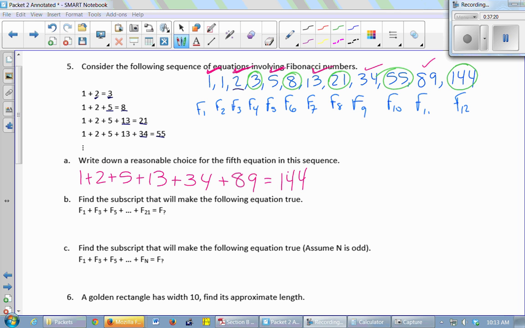I've got 2, 3, 5, 8, 13, 21, 34, 55, 89, 144. So if my last number that I'm adding up is the 21st Fibonacci number, what's the sum going to be? F21. The number right after it would be F22. So the subscript there would be 22.